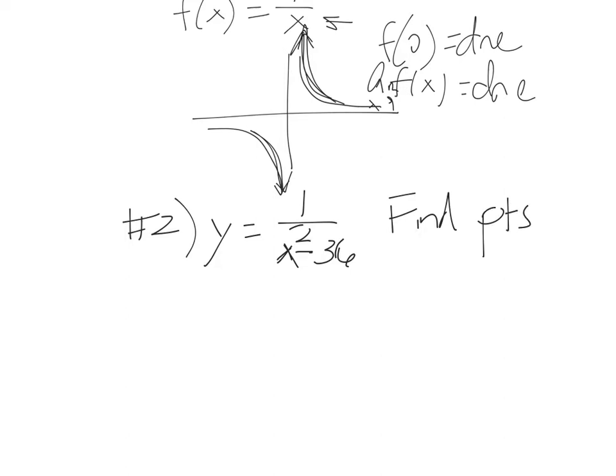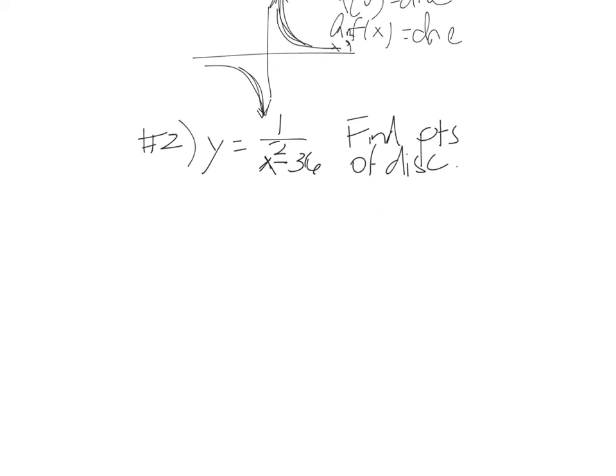Find the points where the graph's doing some weird stuff, and the type of discontinuity that it is. A lot of times you can tell just by looking at the graph. You can graph it on your calculator, that'd be great, but sometimes you're not allowed to have your calculator. So let's kind of do it both ways.